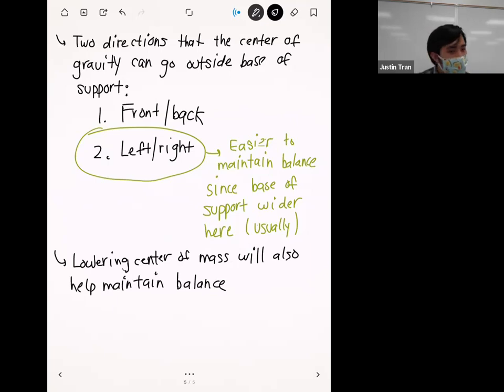And that's generally what you're told, too. For a lot of cases, what they tell us is if you keep your center of mass lower to the ground, you're going to have a lot more stability. The reason for this is that the lower your center of mass is to the ground, the more your body has to rotate in order to get the center of mass outside your base of support.